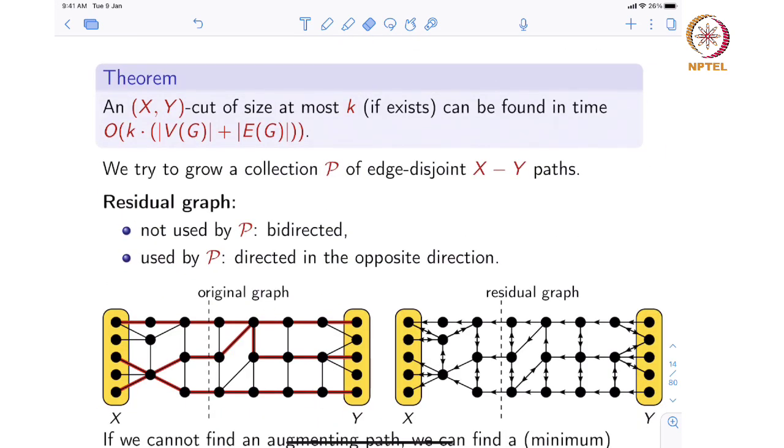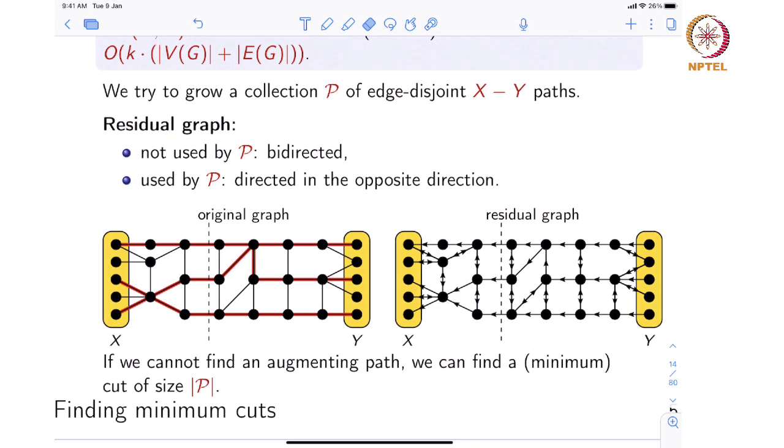If we cannot find an augmenting path, we can find a minimum cut of size p. How can we find it? That's very easy, and there could be many. Starting from y, you look at the set of vertices reachable from y in the residual graph, and the set of edges leaving that set is your min cut.